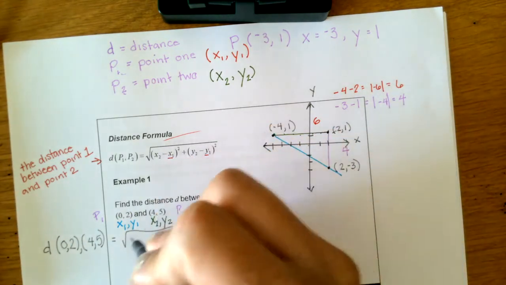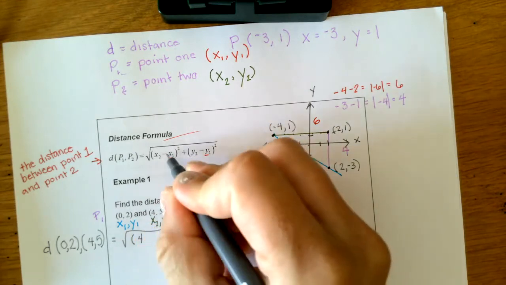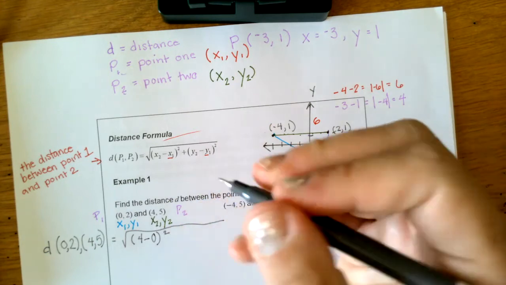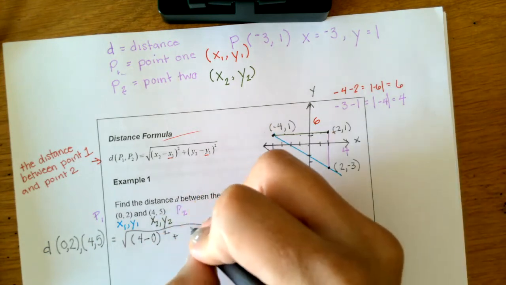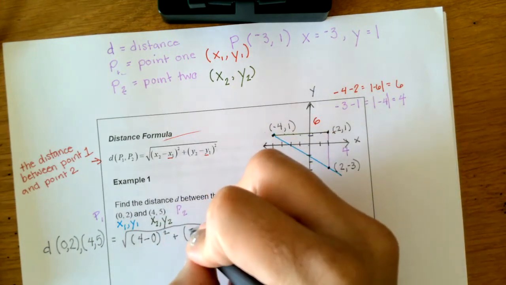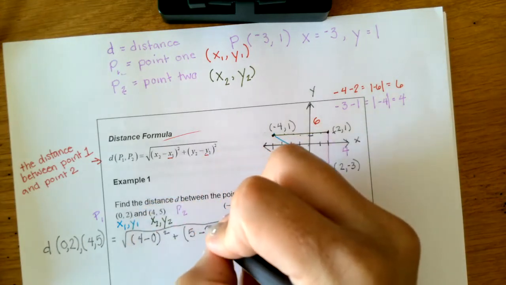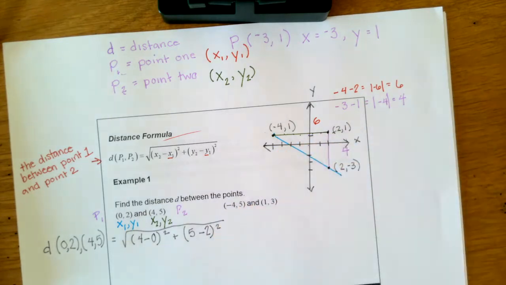X2 is 4 minus x1. X1 is 0, square it, plus y2, that's 5, minus y1, that's 2, squared.